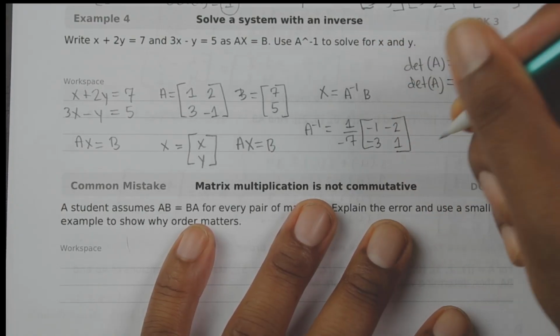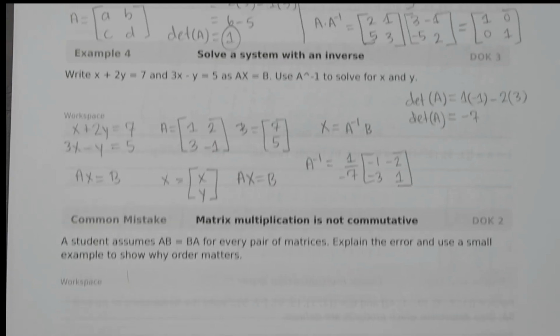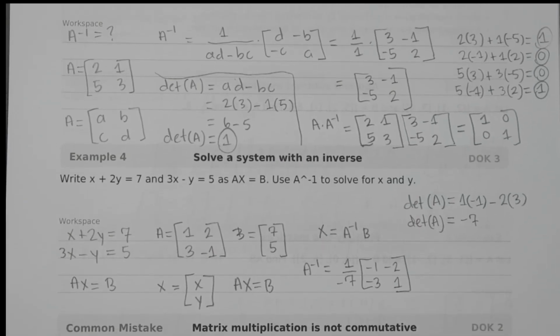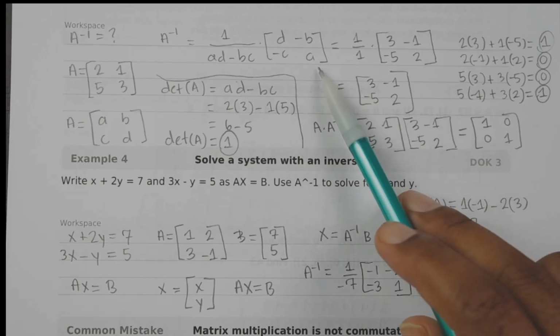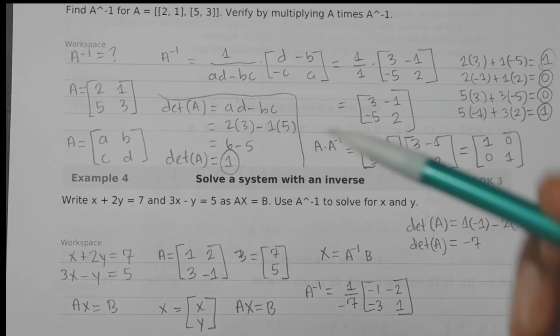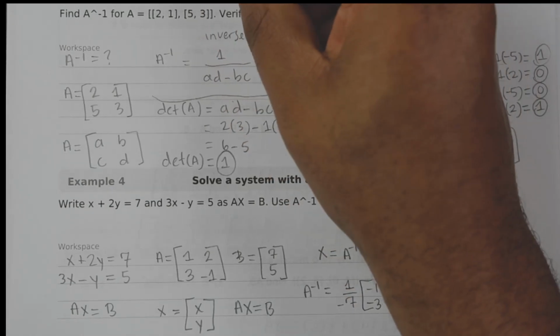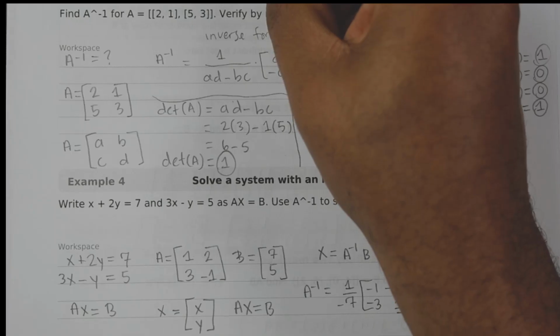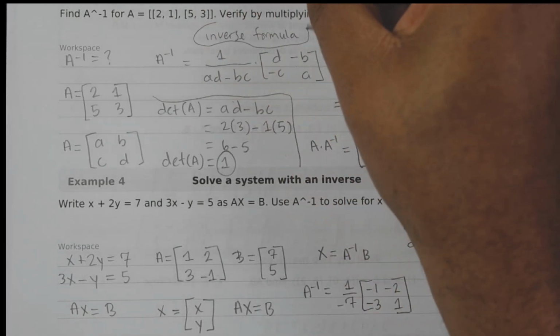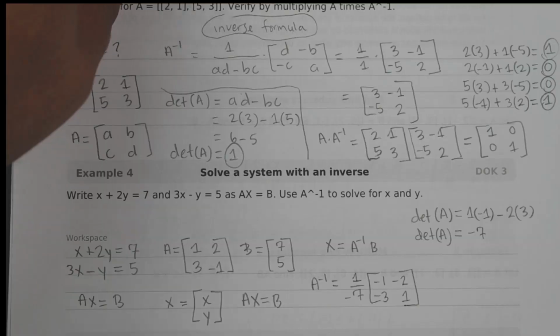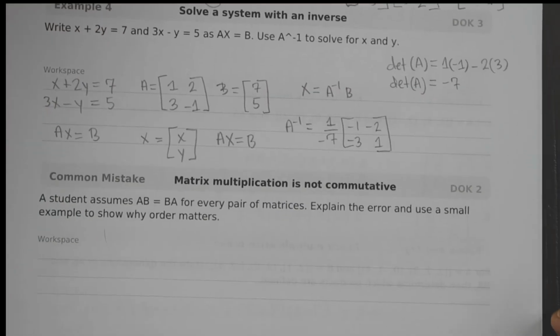Again, this is going off of the inverse formula up here. Okay, so you'll have to use that side by side when you're working these problems out if you don't know it by memory.